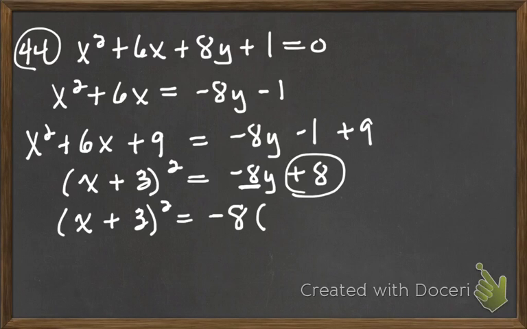So -8 times y is -8y, and -8 times -1 is +8. So if you have a variable plus a number or a variable minus a number on the right hand side, you'll have to factor out the number that is the coefficient of your variable. Then your equation will be in standard form. Any questions about that process?